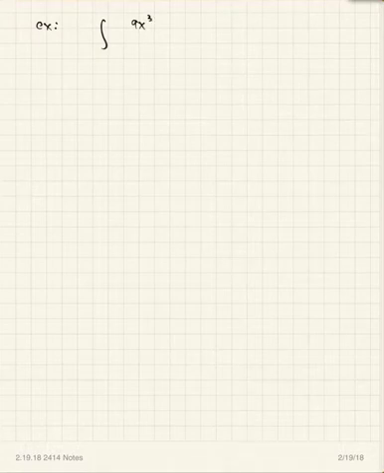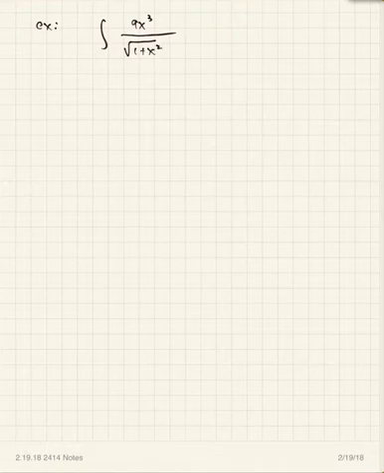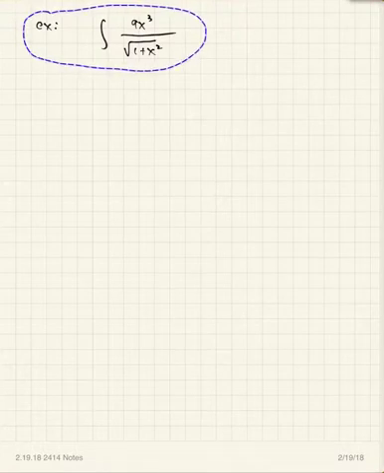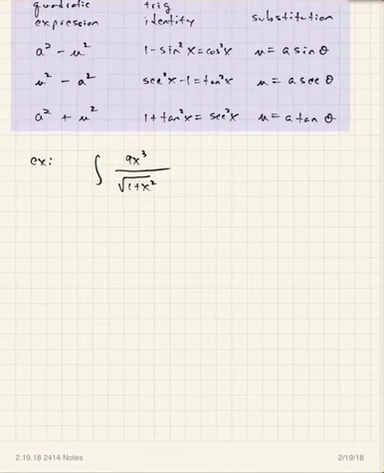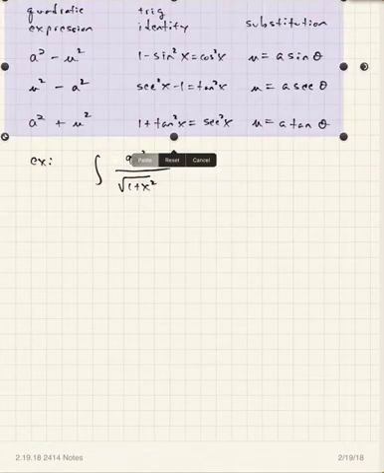So here's our integral. We have 9x cubed divided by the square root of 1 plus x squared. And let me move this down here. We want to go ahead and paste in our little chart here again, which I meant to do.